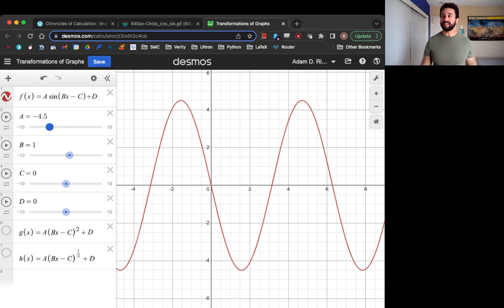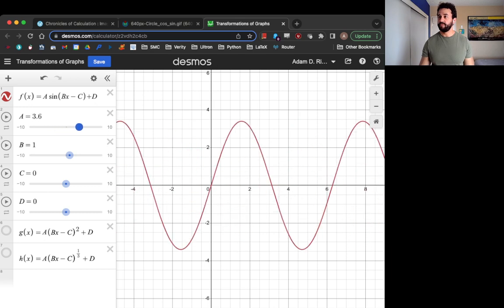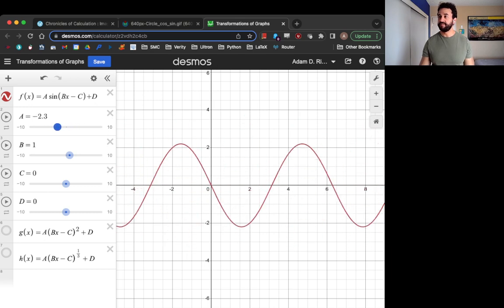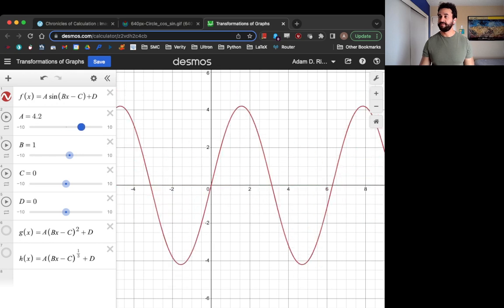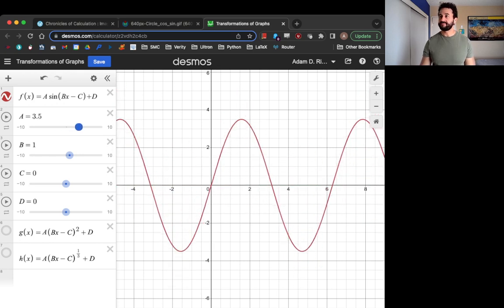But now, because A is a negative number, here it's -4.5, the entire graph has been flipped vertically around the x-axis. So check this out. Let me go back and forth between negative and positive values. There it goes. See, there's the flip. Flip, flip, flip, flip. And that's what it looks like.